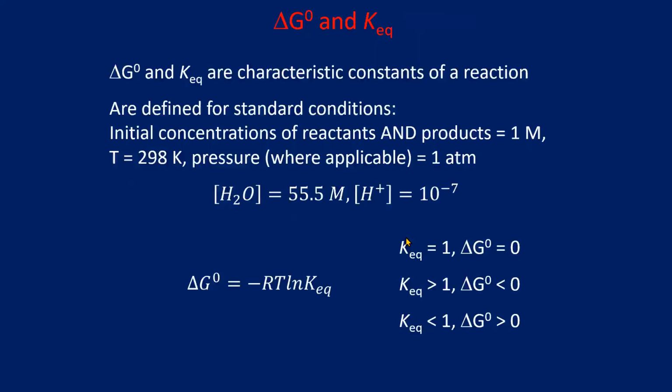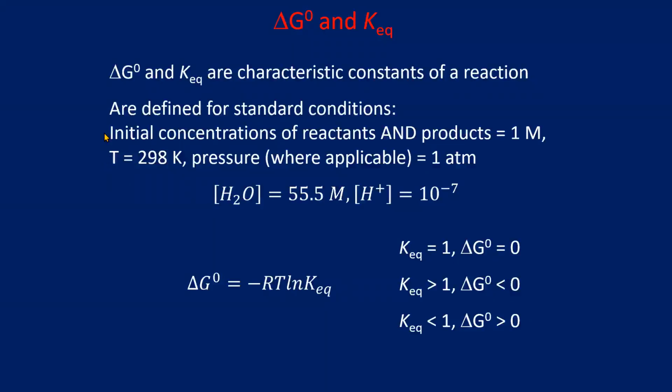First, let's talk about very standard conditions. You take any reaction, and for that reaction there would be a change in energy, given by delta G, and for that there will be a constant K for the equilibrium.